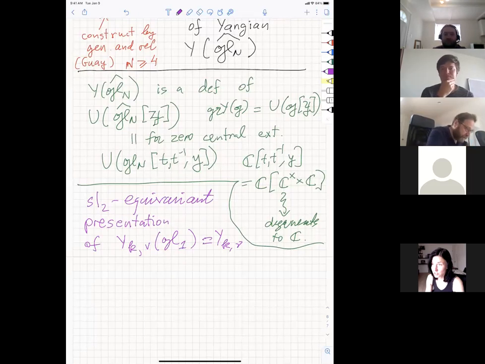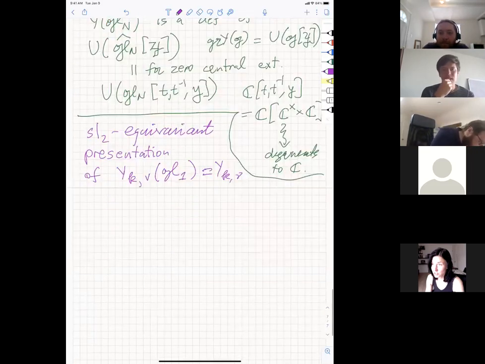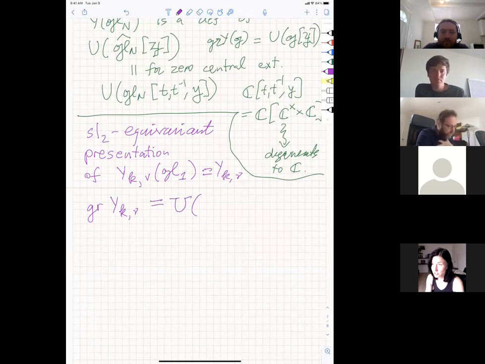First of all, I said that the associated graded of this Y_{k,nu} is the enveloping algebra of differential operators, but actually you can further grade it so that it will be the graded version of differential operators on the line, which means the classical limit. The classical limit is the Poisson algebra C[x,p] with the Poisson bracket.